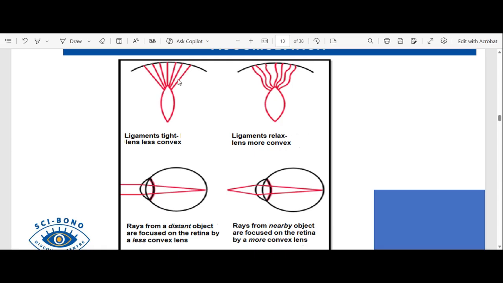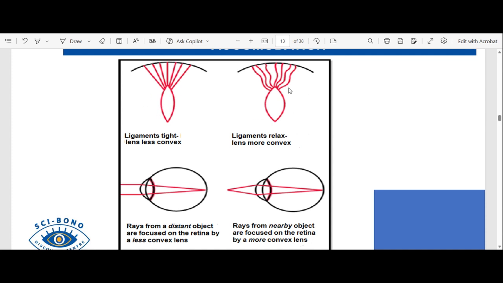Can you see they become tight, right? And when they become tight, they cause your lens to become even less convex, right? And when your lens becomes less convex, that decreases its refractive power, right? Then a clear image is formed.